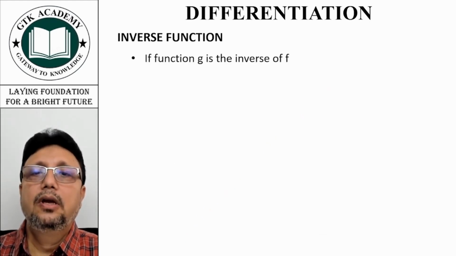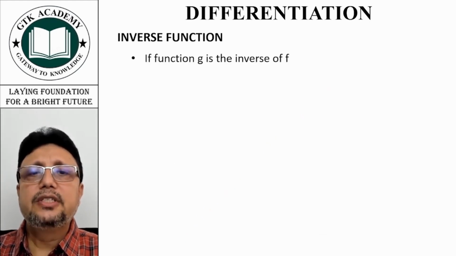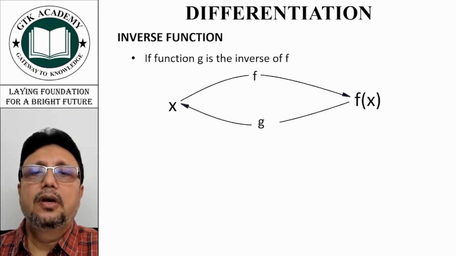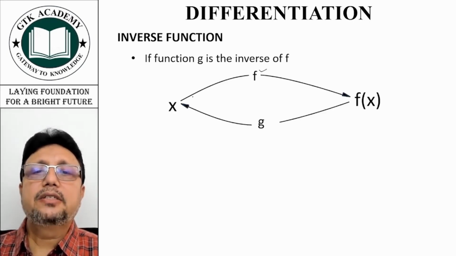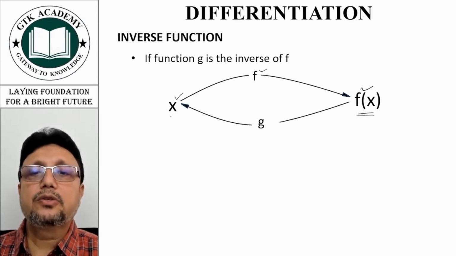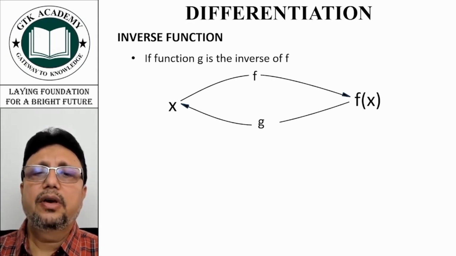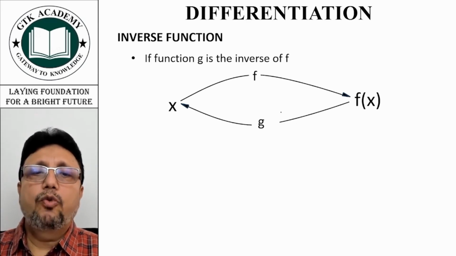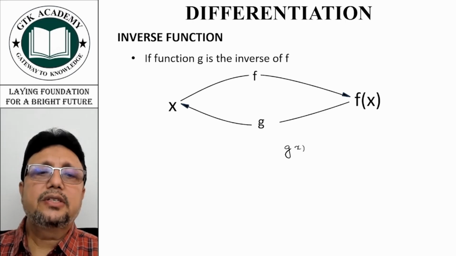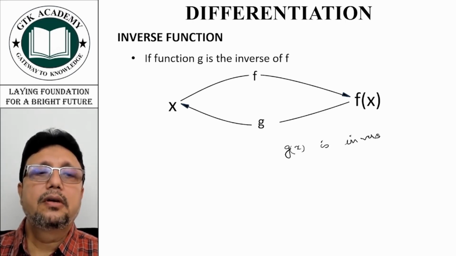Now if function g is the inverse of f, that means f takes x to f of x, so g again takes f of x back to x. We can also write g is equal to f inverse, or we just write g. So what does this mean? This function g of x is the inverse of f of x.